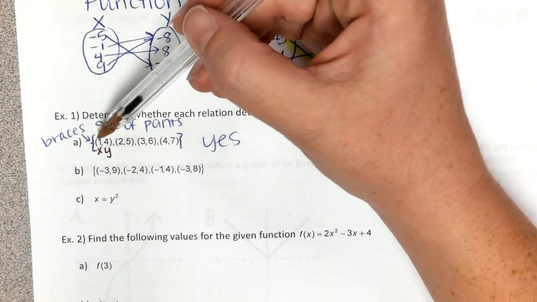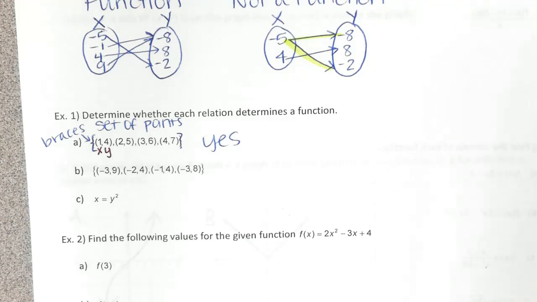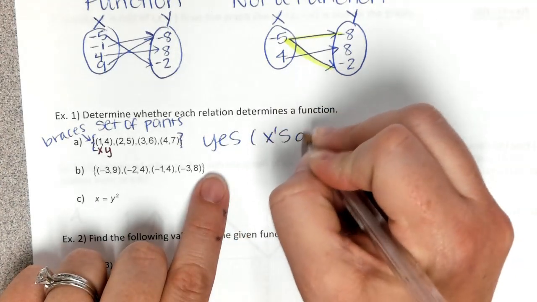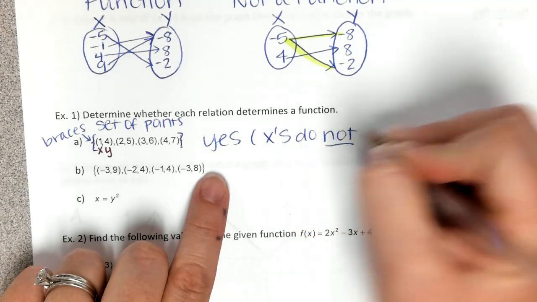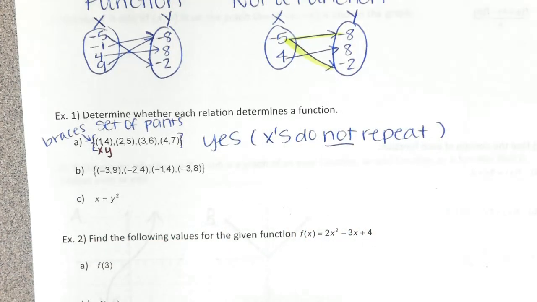Okay, so because all my x's are different, I'm not going to have any x going to 2 different y values. So we're going to write this. The x's do not repeat. So if you see a list of points, you're just seeing, did the x's repeat? No, they don't. So that means each x is going to 1 y value.